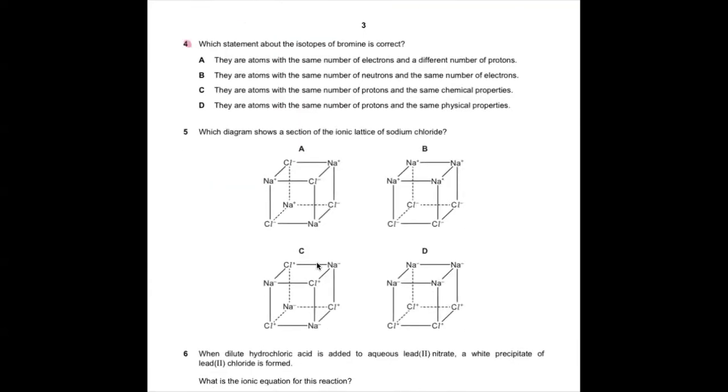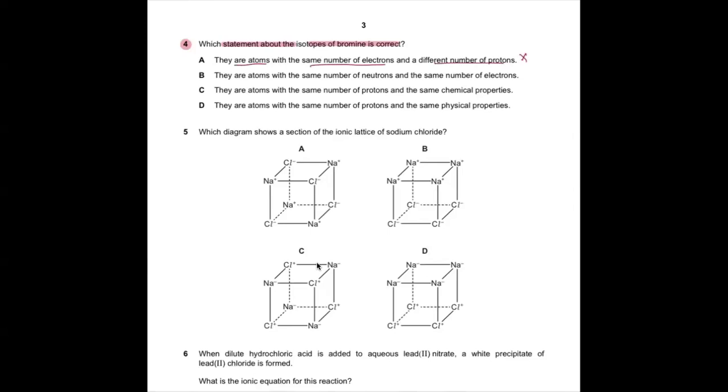Now, MCQ number 4. Which statement about the isotopes of bromine is correct? They are asking for the isotopes of bromine. They are atoms with the same number of electrons and different number of protons.